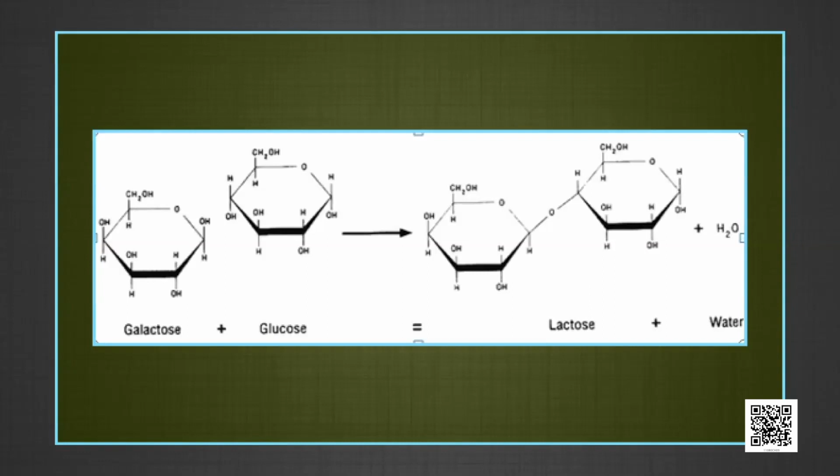By the removal of a water molecule, the bond is formed between glucose and galactose, and this linkage is known as a 1,4 linkage. Why 1,4 linkage? The first position is carbon number 1 of galactose, and the fourth position is carbon number 4 of glucose. By the removal of water, the product formed is lactose plus a molecule of water. This is a disaccharide created from monosaccharides.